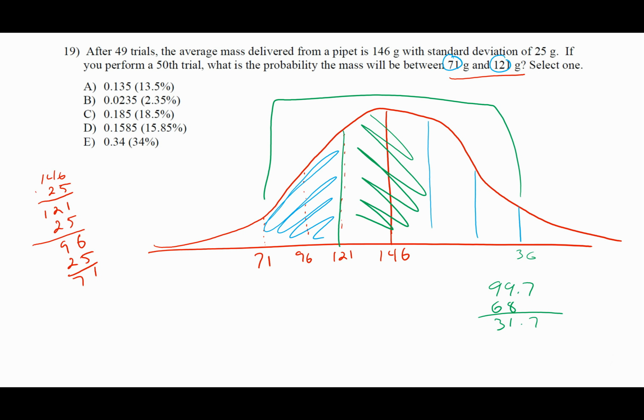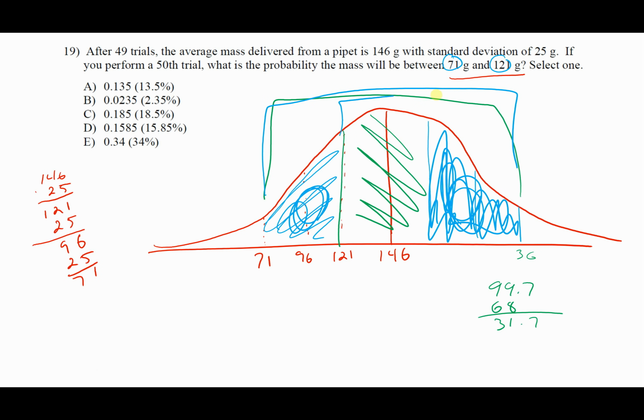But that gives us not only this area that we want, but it also gives us this area because, remember, it's symmetrical on both sides. So basically we've taken all of it and we've cleaved out that 68% in the middle. But I only want one of these sides. So let's divide that 31.7 by 2.